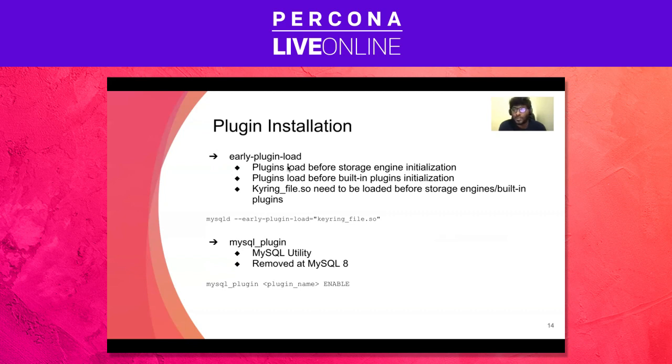So in some cases, like the encryption plugin, the keyring file plugin needs to be loaded before the storage engine initialization. In this case, you can use the early-plugin-load option, so that your keyring file plugin will be loaded before the storage engine and the built-in plugin initialization.